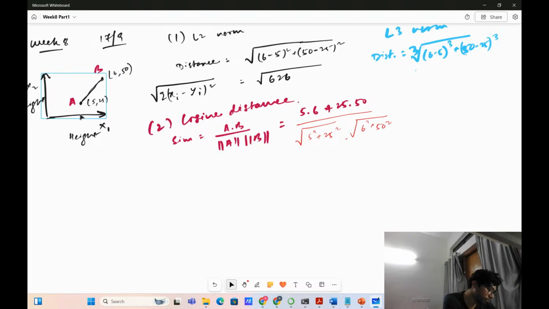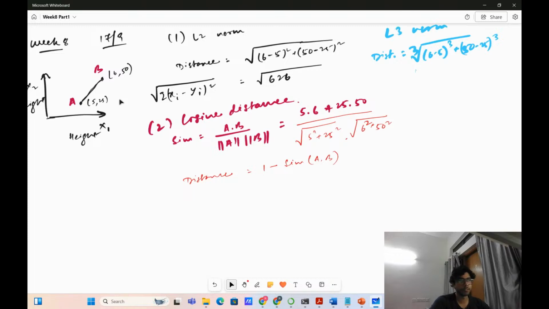You use a calculator, calculate this, and then you'll get the similarity. Then the cosine distance would be 1 minus similarity between A and B. You calculate this, subtract this value from 1, and you'll get the distance between these 2 points.